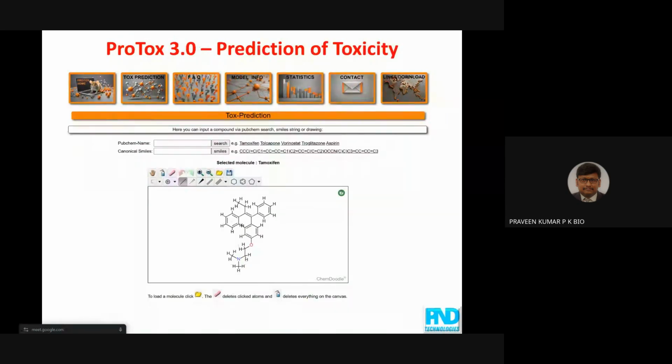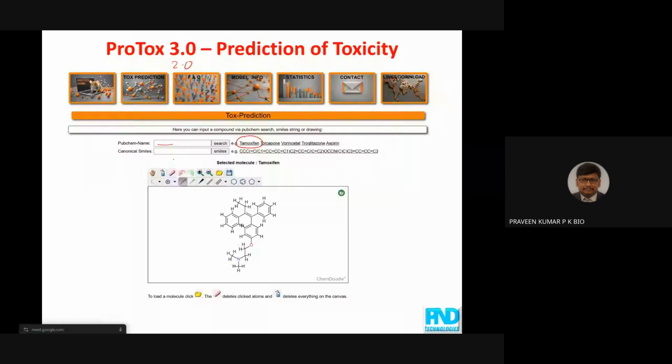The next thing we will be seeing is Protox 3.0. This is used for prediction of various types of toxicity. Two years ago we had 2.0, now it is upgraded to 3.0. Here we have to feed an input of a PubChem name, that is the NCBI PubChem ID, or you can simply give a keyword of a drug or plant compound, whatever you know.